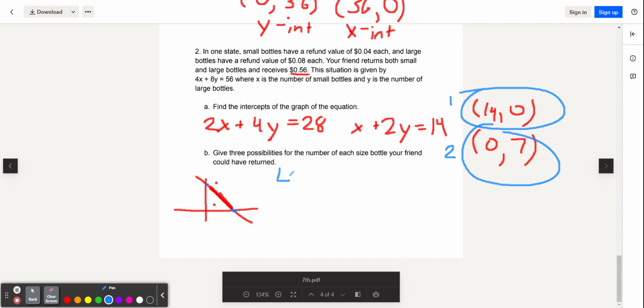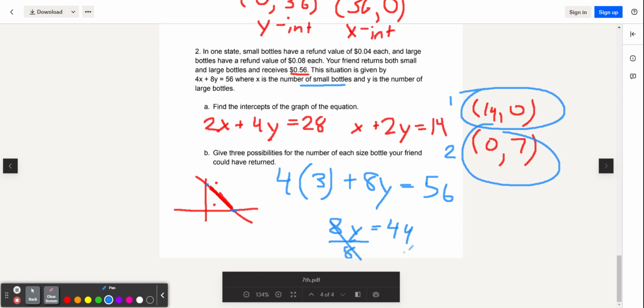So to do that, we can simply plug in and solve. So what if we plug in 3 for x? This would mean he returned 3 small bottles. Let's see how many large bottles he would need to return then. 4 times 3 is 12. Subtract 12 from both sides to give us 8y equals 44.